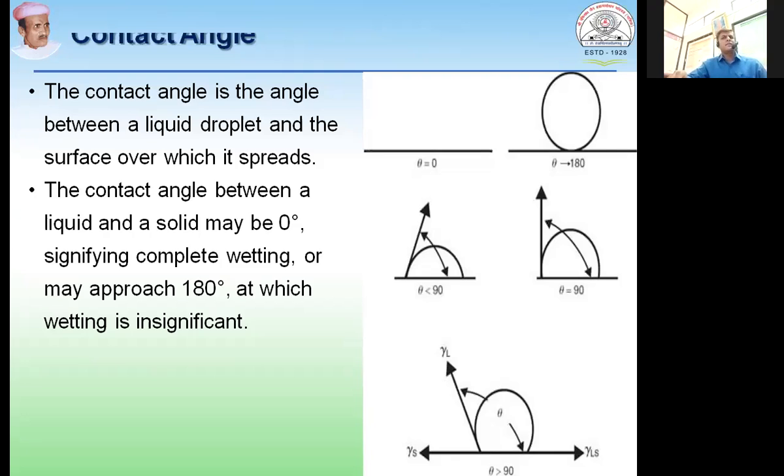So when the angle is, say, 180 degrees, it means the molecules of the liquid remain in the form of a drop on the surface of the solid and do not develop any interaction with the solid surface molecules.